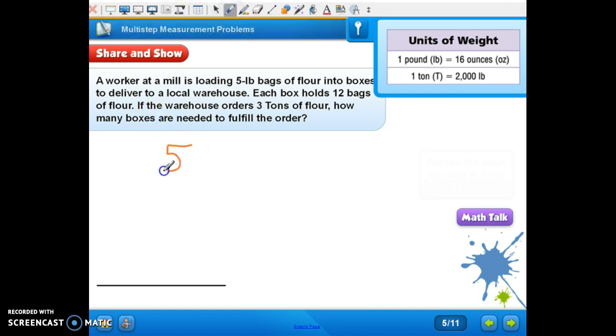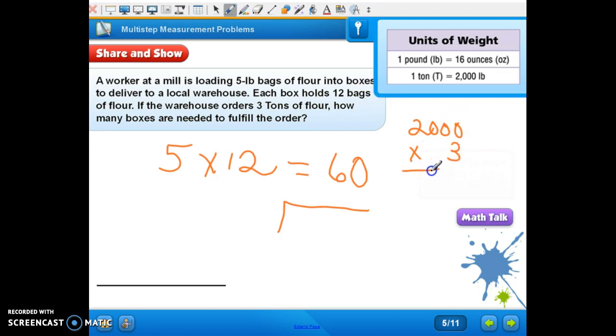Each bag is 5 pounds, and there are 12 of them in a box. The worker at the mill is loading 5-pound bags of flour into boxes to deliver to a local warehouse. Each box holds 12 bags of flour. If the warehouse orders 3 tons of flour, how many boxes are needed to fulfill the order? So 5 times 12 is 60. We're going to divide. 1 ton is 2,000 pounds, and they want 3 tons, so times 3 would be 6,000.